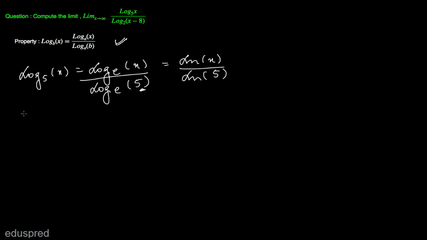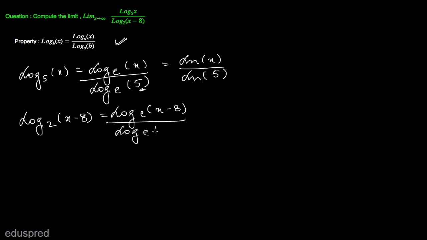Similarly, your denominator log to the base 2 of x minus 8 becomes log to the base e of x minus 8 divided by log to the base e of 2. So this becomes ln(x minus 8) divided by ln 2.